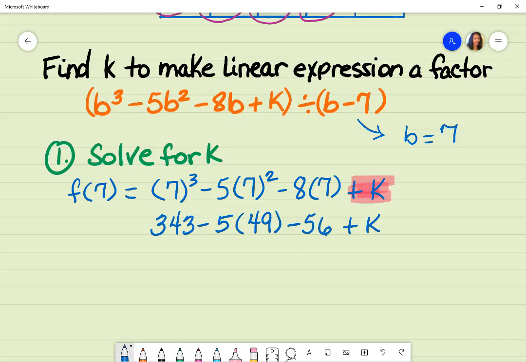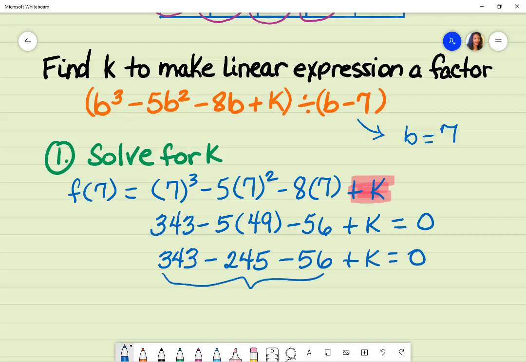Well, since I know that I'm trying to make it a factor, I'm going to go ahead and set it equal to 0. Because again, that means I will not have a remainder. What I would do now is just simplify. 343 minus 5 times 49 is 245, minus 56, plus k is still equal to 0.